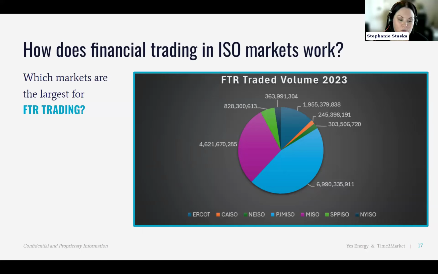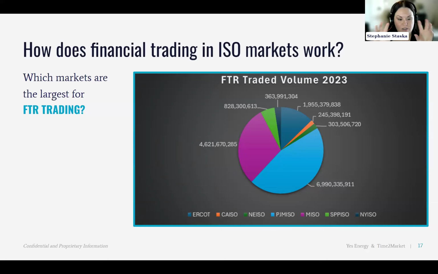So there was a compromise made between FERC and the CFTC. FERC, being the Federal Energy Regulatory Commission, oversees the majority of the ISO volumes and transactions and activities, and the CFTC, being the Commodities Futures Trading Commission, oversees swaps and futures transactions and options and things within the US markets.